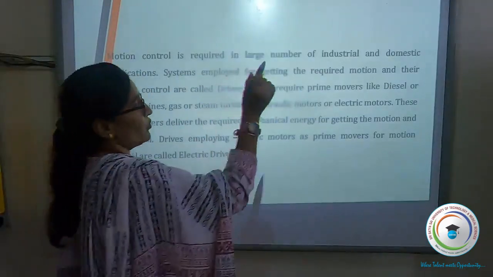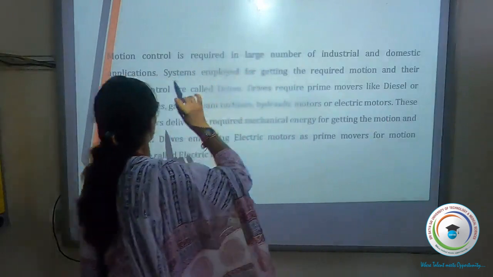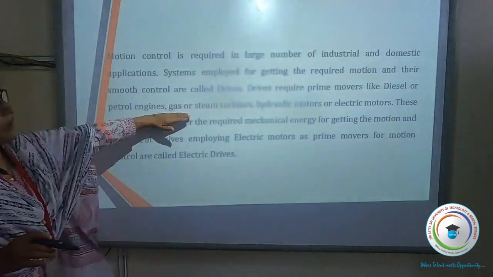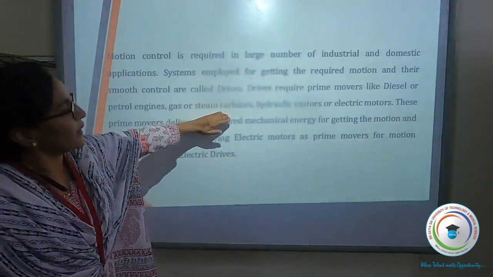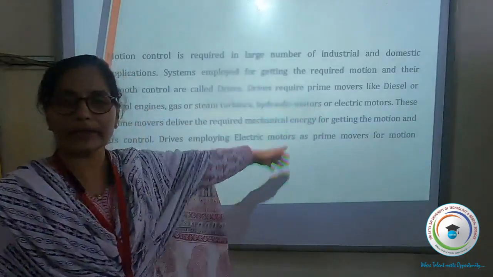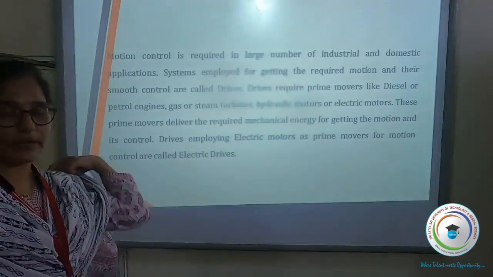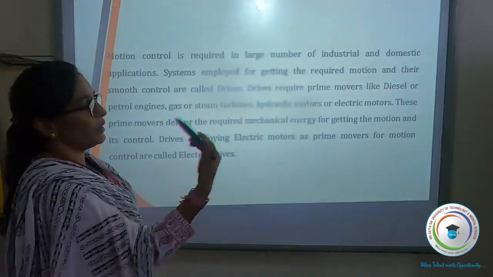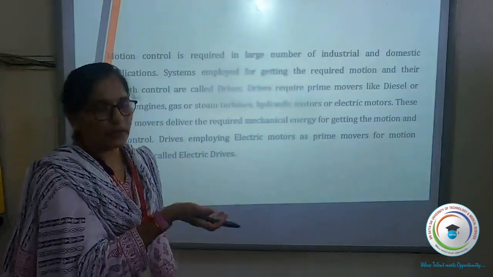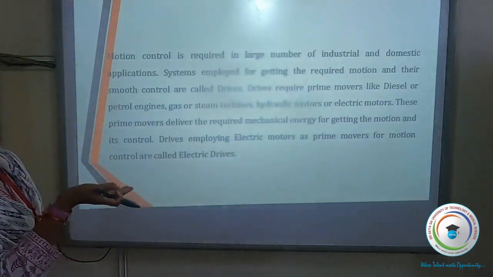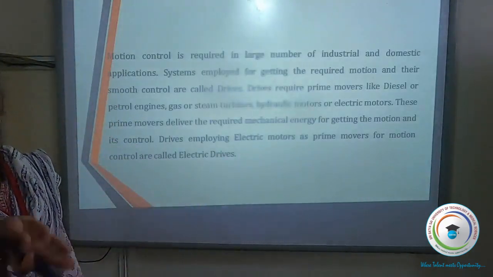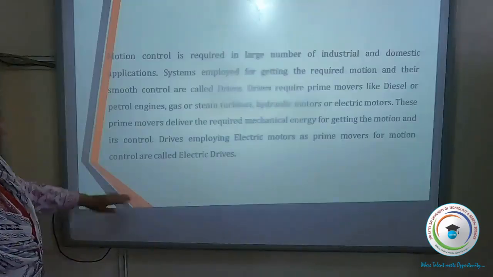Various types of prime movers are used, like diesel or petrol engines, gas or steam turbines, hydraulic motors or electrical motors. Depending upon the prime mover, we can define that system as an electrical drive system or mechanical drive system and so on.